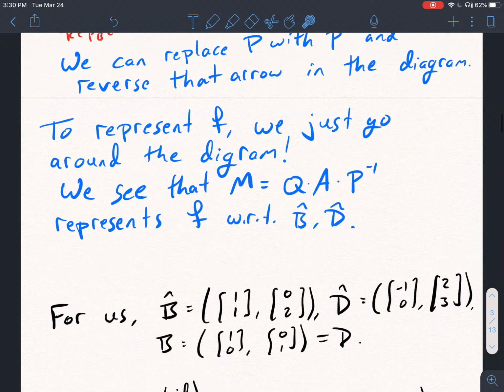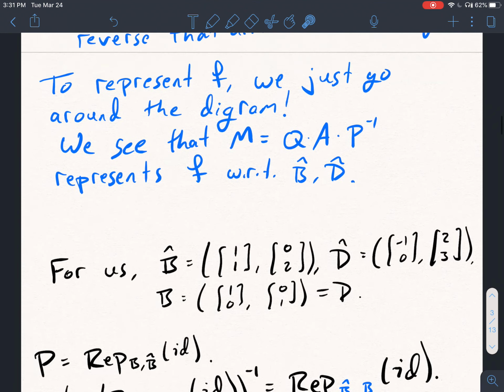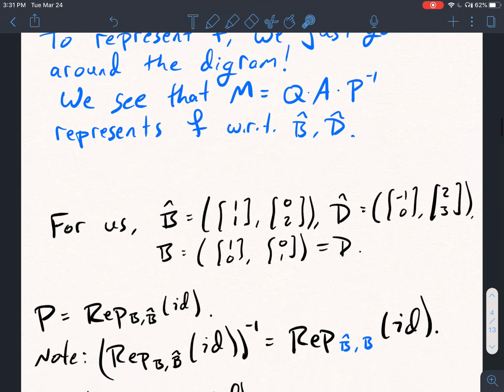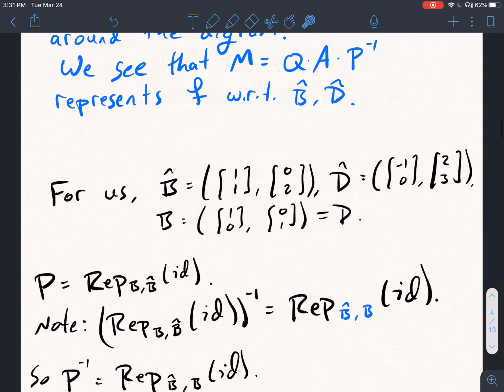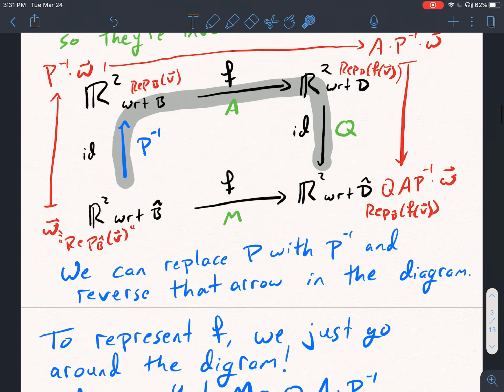So let's go back to our example. So we have B hat is this basis, D hat is this basis, and B and D are the standard bases. So, okay, P is supposed to be the representation of the identity with respect to B and B hat, right?